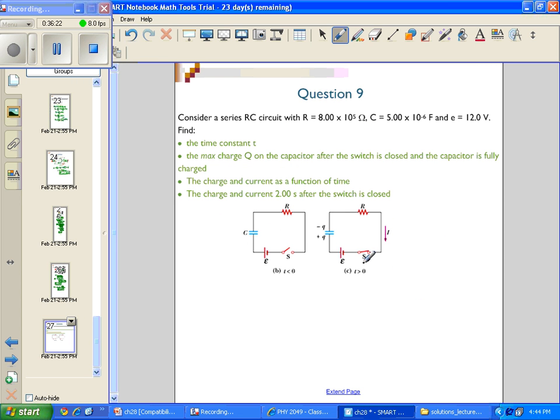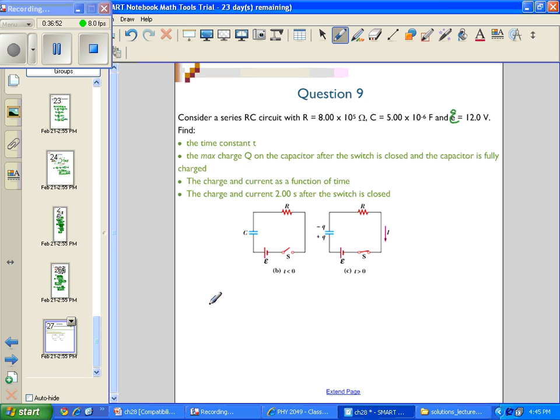Last question is an RC circuit question. We are told that we have a circuit that contains a resistor of 8 e to the 5 ohms, a capacitance of 5 e to the minus 6 farads, and an EMF of 12 volts.